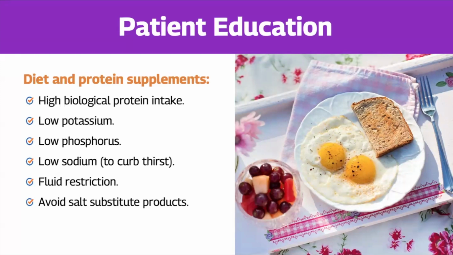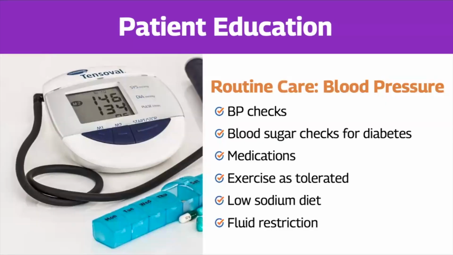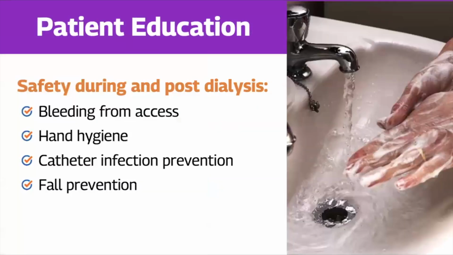They are almost always high in potassium. So what about blood pressure? We need to teach patients that they need blood pressure checks, blood sugar checks for diabetes. They need to monitor their medications if they're doing it on their own. They need to exercise as tolerated, and follow that low sodium diet and fluid restriction.